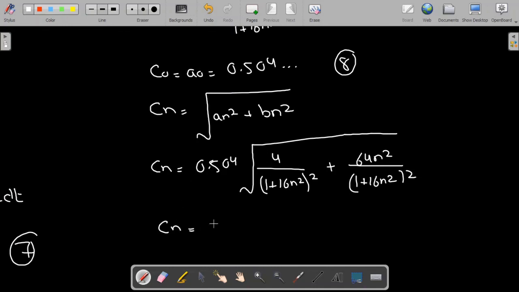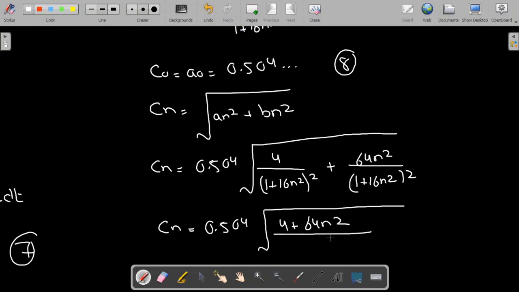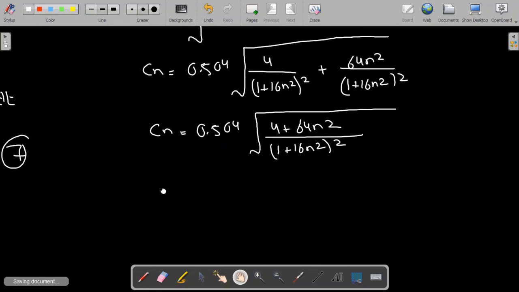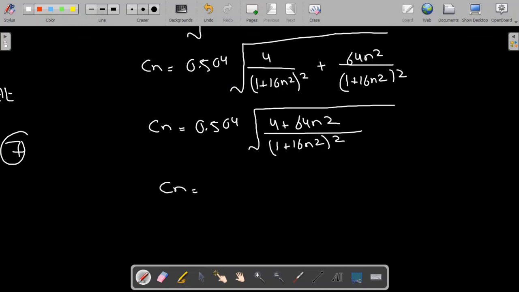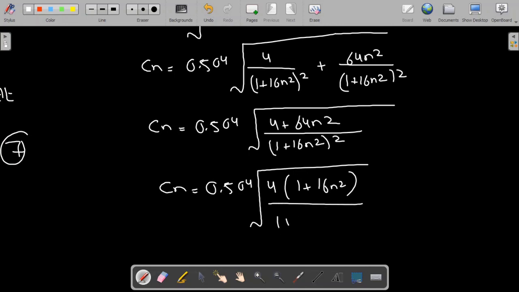So cn is going to be equal to 0.504, and because the base is same, we can write this as 4 plus 64n square divided by 1 plus 16n square into whole square. Now we are going to take 4 common from this, so this will be 4 into 1 plus 16n square, and we have 1 plus 16n square whole square in the denominator. So this will be cut with this.